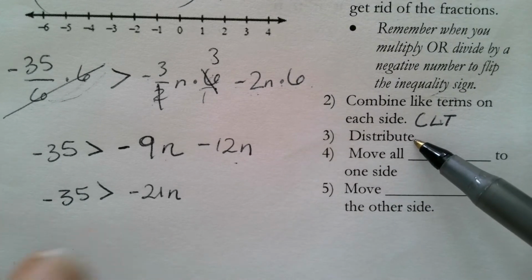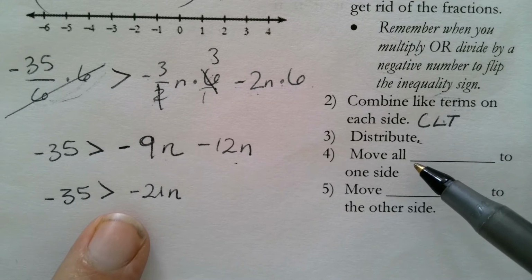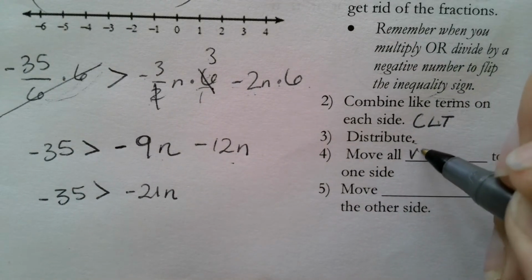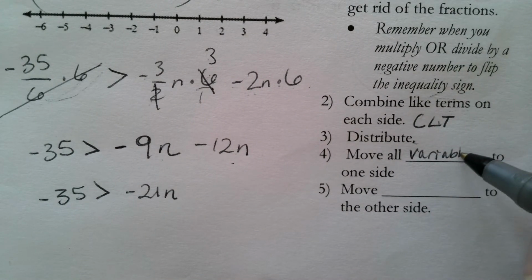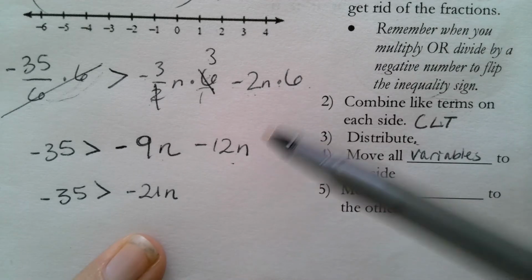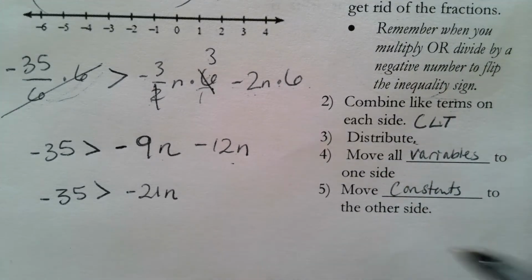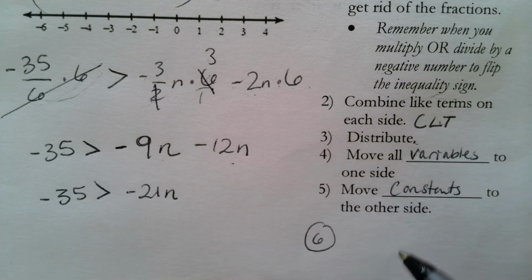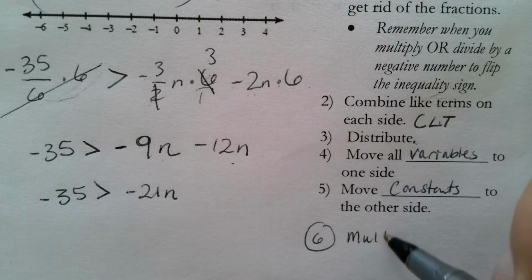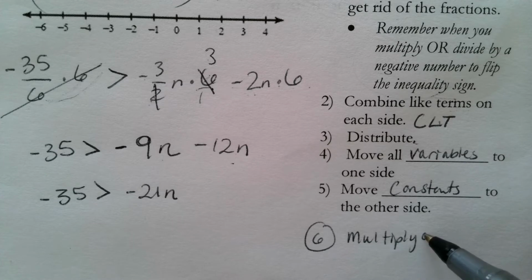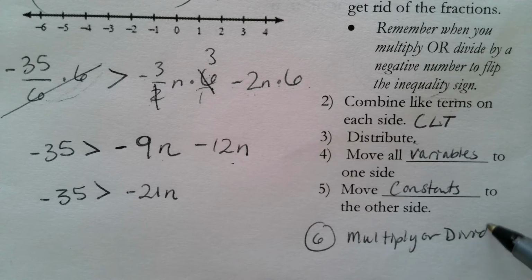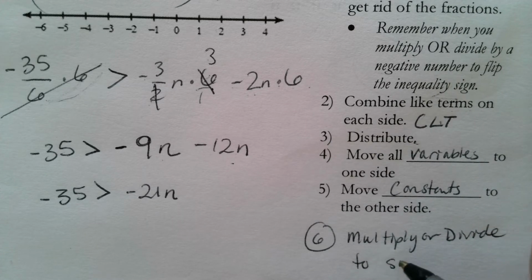Did we need to distribute? There was nothing we needed to distribute. We're going to move all the variables to one side, which they already are, and then we move all the constants to the other side. I guess step 6 would be multiply or divide to isolate the variable.